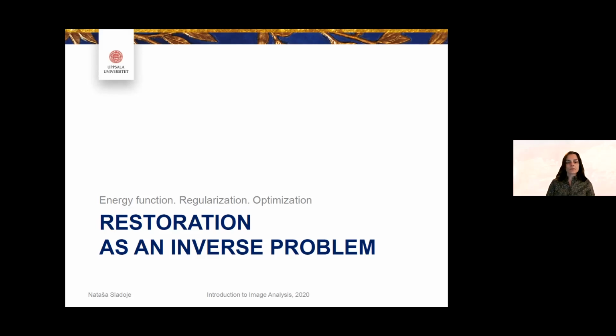So let us now define restoration as an inverse problem that we can then solve also in a case when we do not know enough about the degradation process and the degradation model, but we rather apply some optimization process, some iterative process that leads gradually to the desired original image estimate.